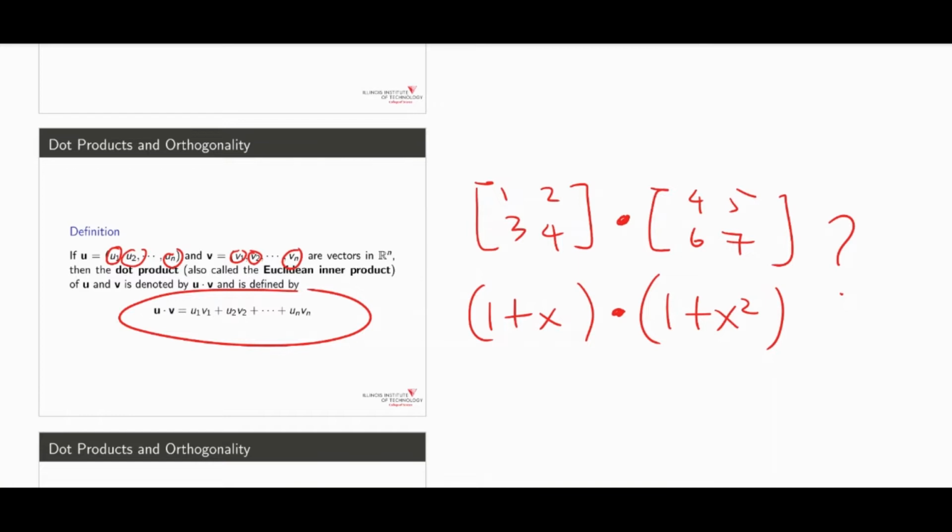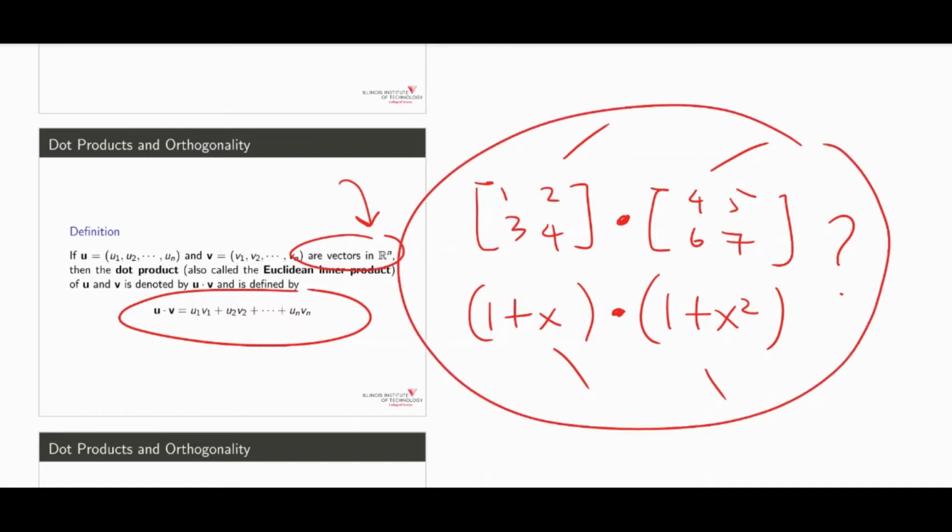I have no idea how to do dot products between two matrices or two polynomials, because the dot product that you see right here is defined for vectors that are in Rn. We can do some kind of inner products, which is a generalization of the dot product for things that look like this, but we are not talking about it right now.